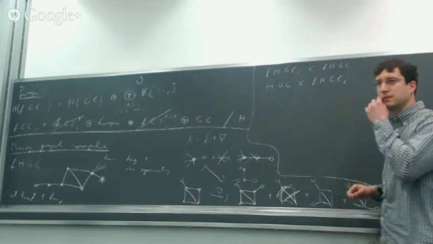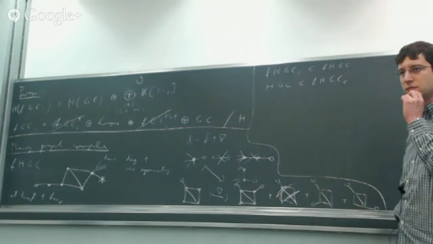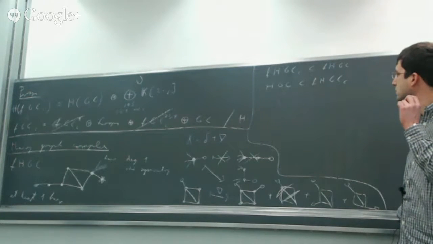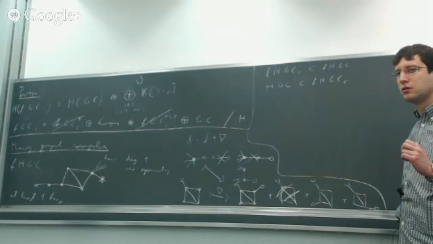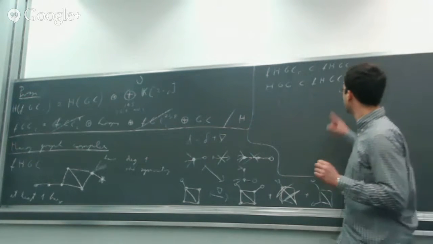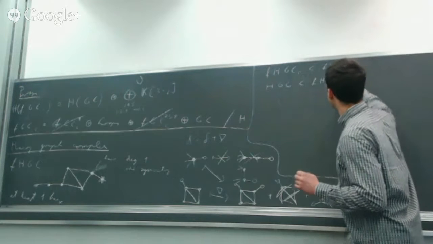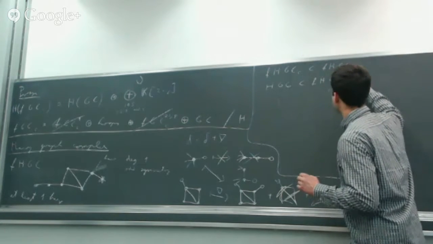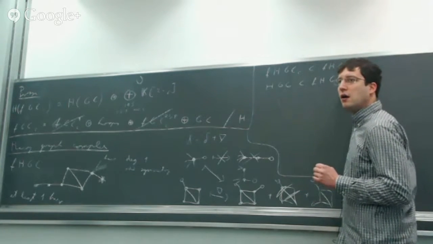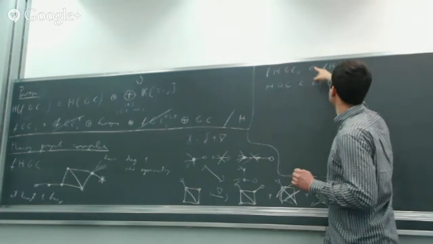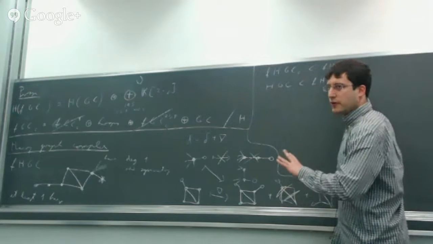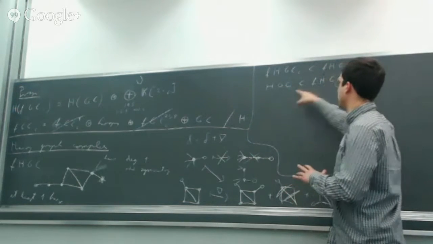The connected thing should be on the left. Sorry? Is the C for connected? Yes. No, the big C is for complex and the small c is for connected. So the connected graph complex is a subcomplex of everything. And this is by definition a subcomplex.